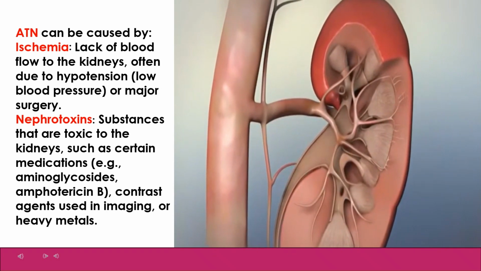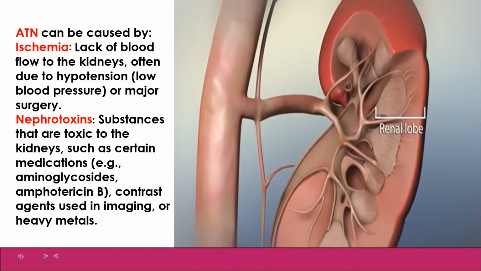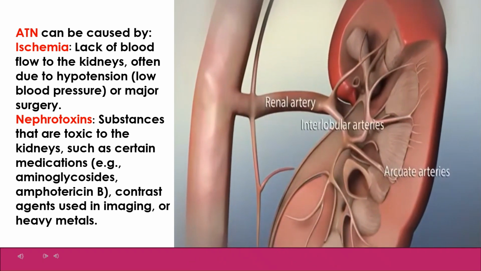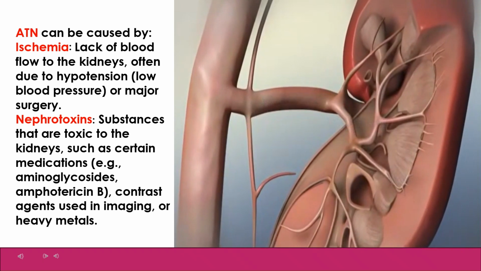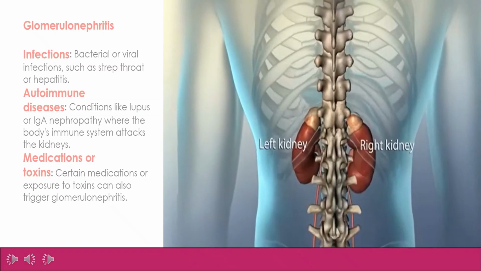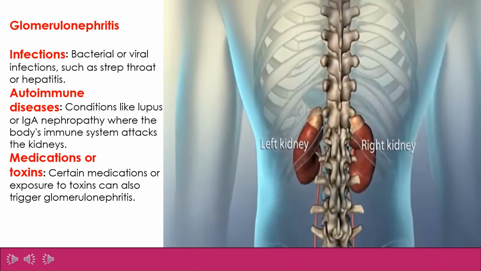Both can lead to a sudden decline in kidney function. Acute tubular necrosis is primarily caused by ischemia, lack of blood flow, or nephrotoxins, substances toxic to the kidney. Glomerulonephritis can be caused by infections, autoimmune diseases, and medications or toxins.